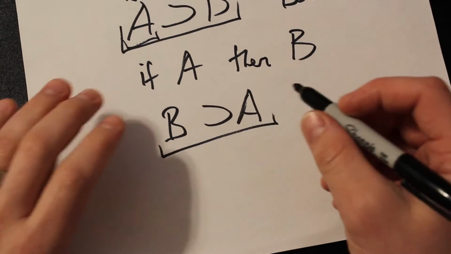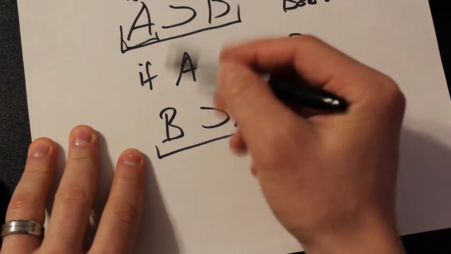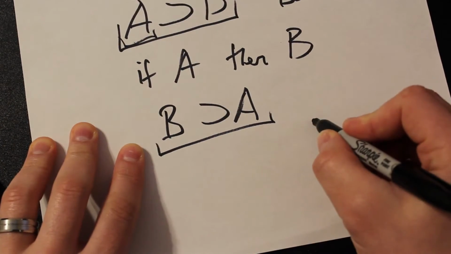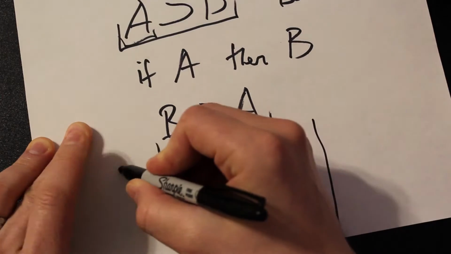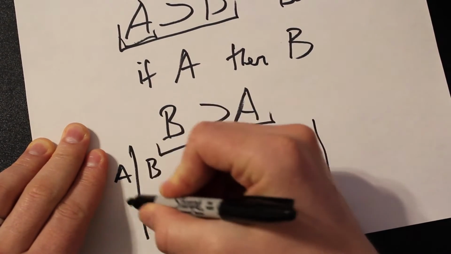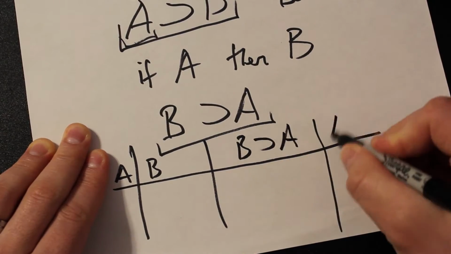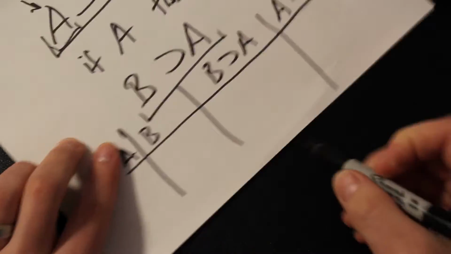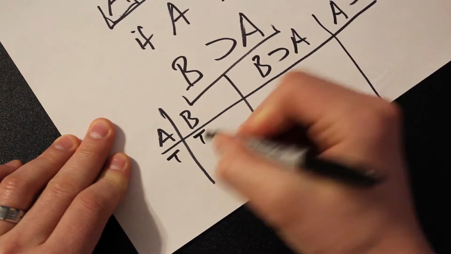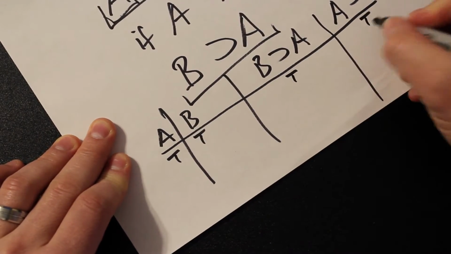In order to determine whether they are equal, we're going to make our truth tables. So whatever A and B happen to be, and then A implies B and B implies A. When A is true and B is true, both of these are true.